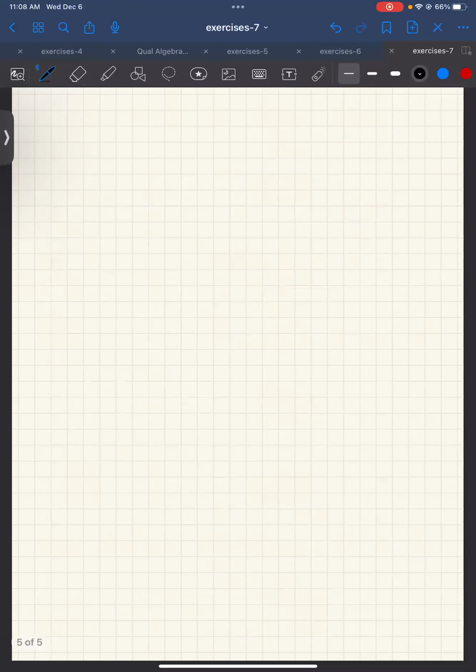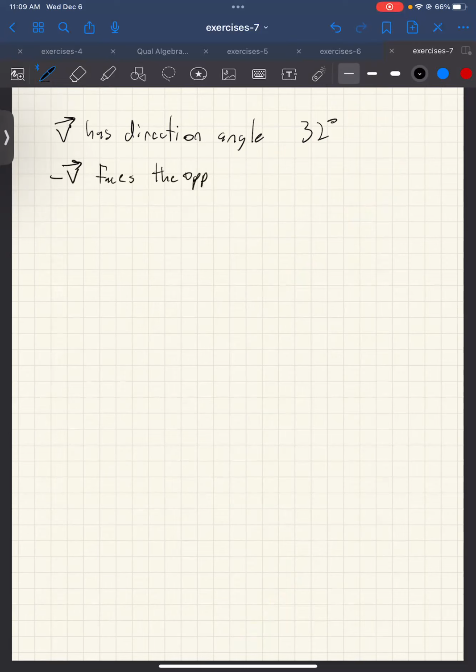So let's say, for instance, I have some vector v that has direction angle, let's say, 32 degrees. Well, then -v faces the opposite direction.